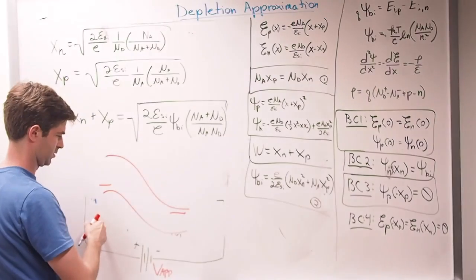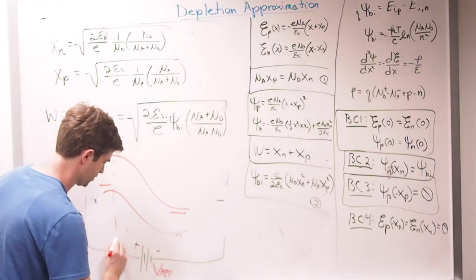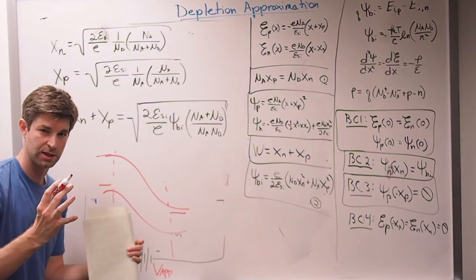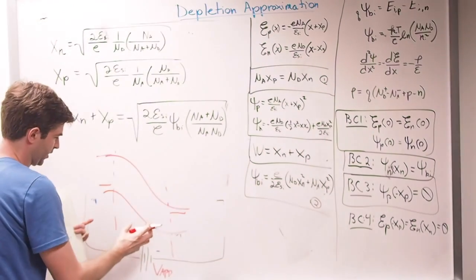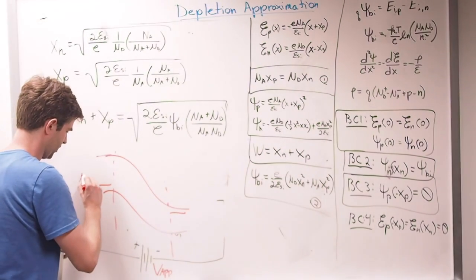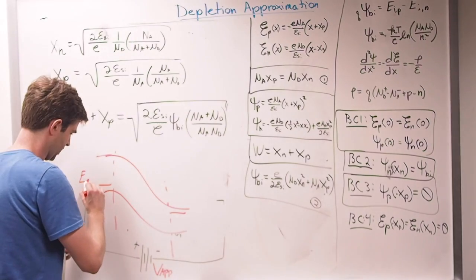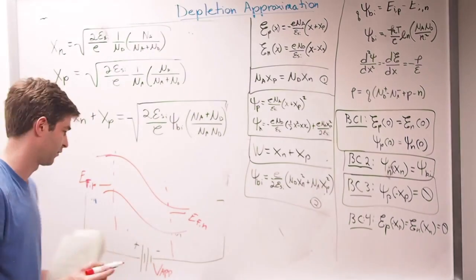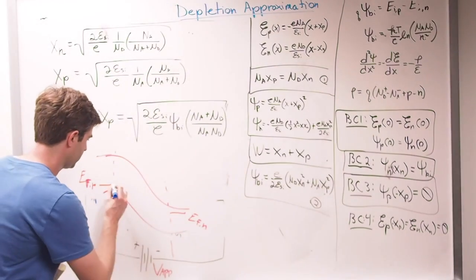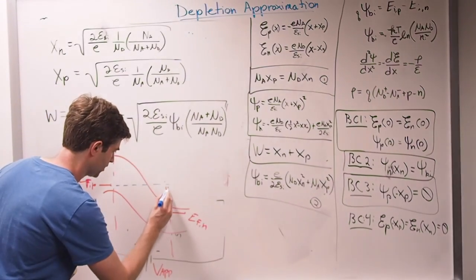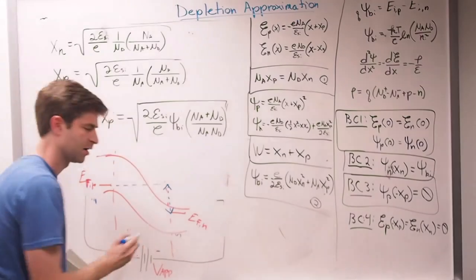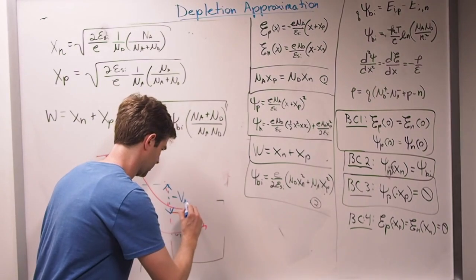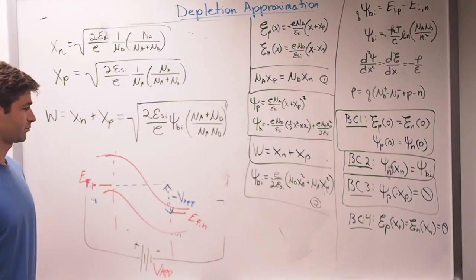Then, as before, our depletion region actually got smaller, right? Now we do this reverse bias, and EFP, EFN are the quasi-Fermi levels. Now this new thing right here, this distance here, is negative V applied, right?